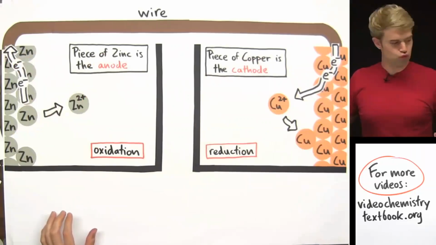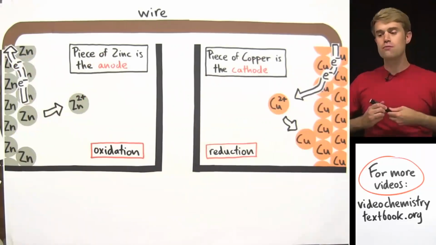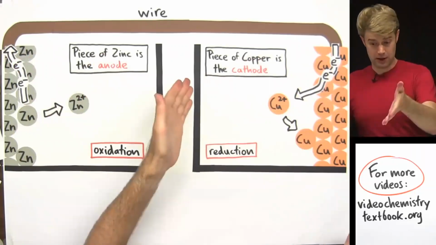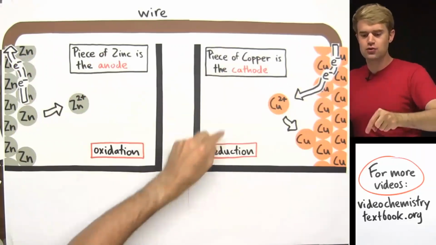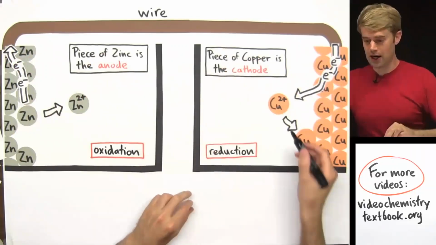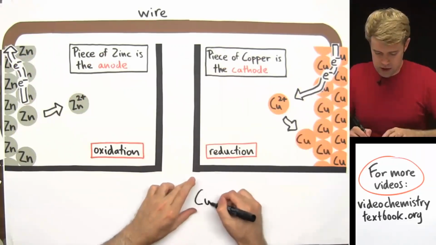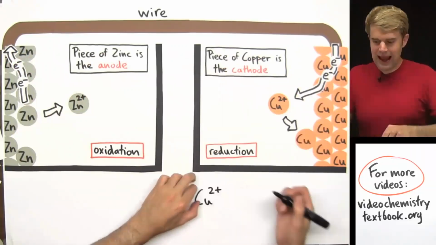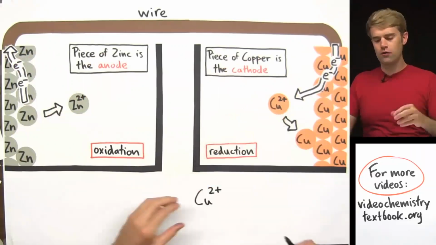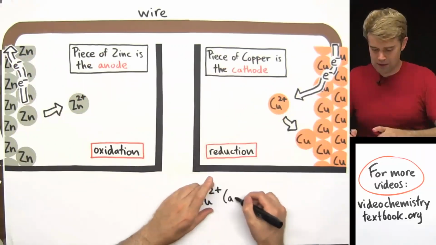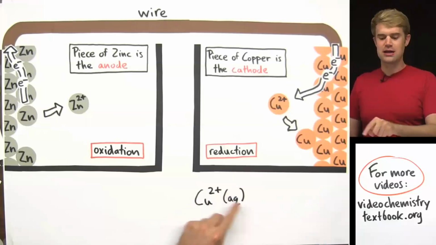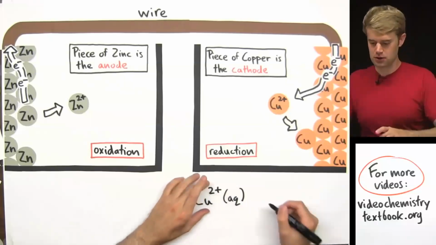Now, let's write reactions for the two processes that are happening, okay? First, let's write the reaction for reduction. We're starting with Cu2+, and this Cu2+ is dissolved in solution. So I'm going to write that with an aq for aqueous after it to show that it's dissolved in solution.